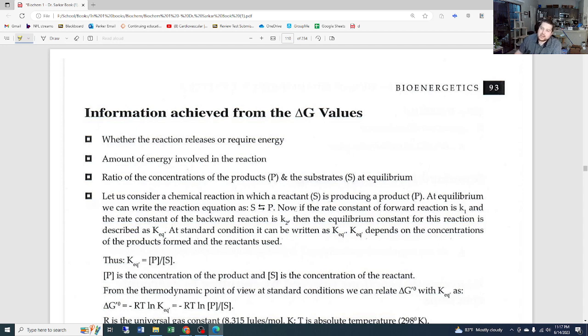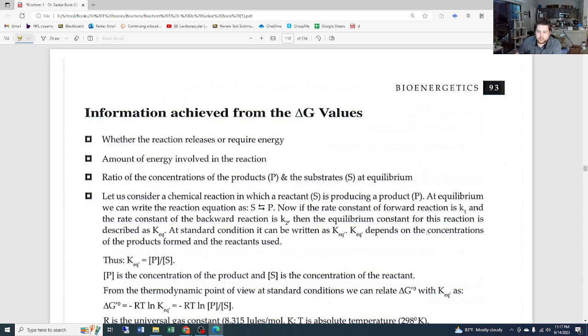Now, if the rate constant of forward reaction is K1, so meaning substance to reactant to product is K1, and the rate constant of the backward reaction is K2, then the equilibrium constant for this reaction is described as K equilibrium. At standard condition, it can be written as KEQ.